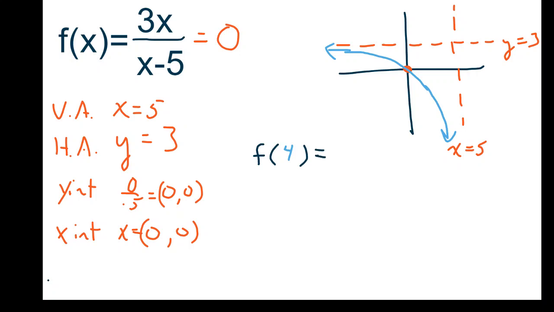And in this case, when I plug in 4, I will very quickly be able to determine that the output comes out to be negative 12, and simply what that means is that the point 4, negative 12 is going to be on this graph, giving us further proof that the graph is going to be going down on the left side of the asymptote.